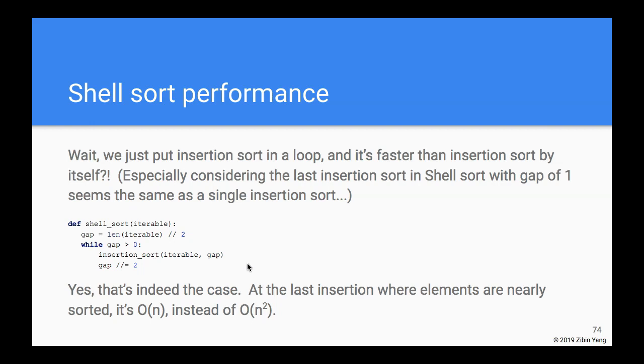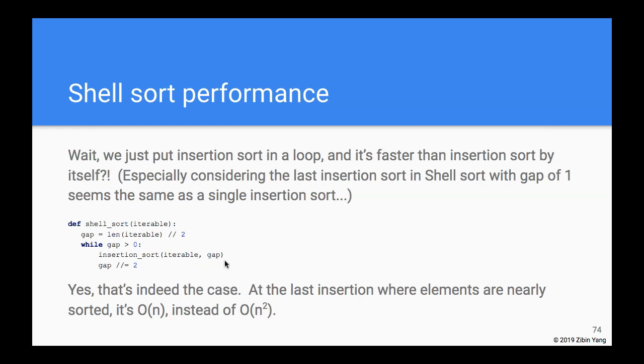Something here doesn't seem to make sense. Especially considering that you can say there's something about a gap, but at the very last step, we know the gap is 1, and that is just a plain vanilla insertion sort. So how is that possible? How is it that we do more insertion sort, but it's faster? But as we see from our experimental data, that's indeed the case.